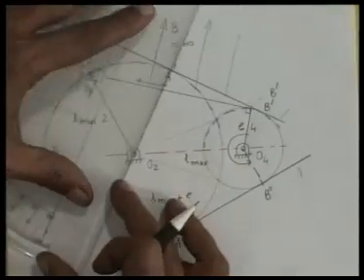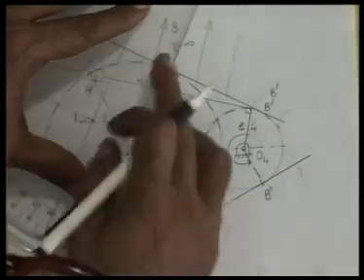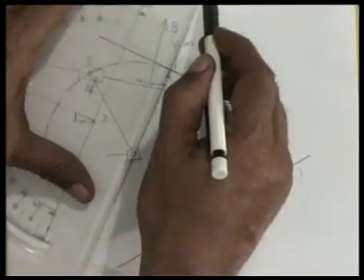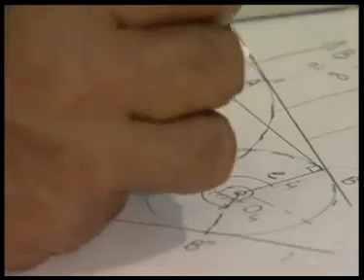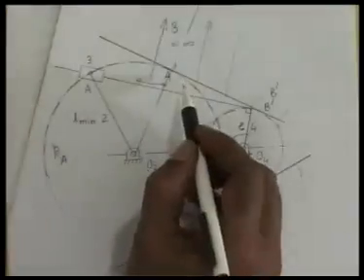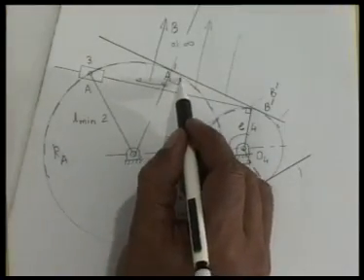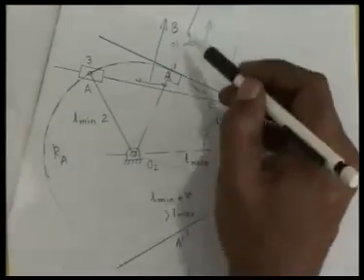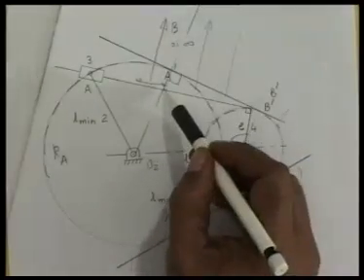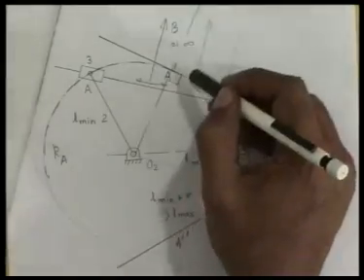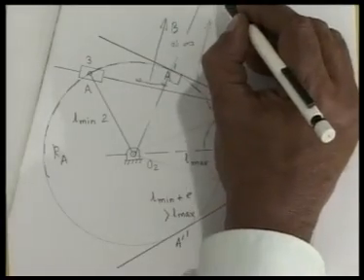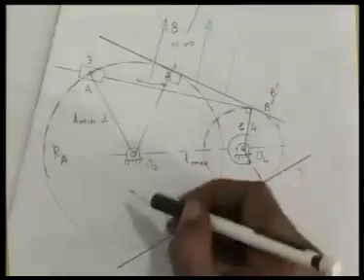So, O2A prime, because it is tangent, is perpendicular to this direction of sliding, and B is also at infinity to this direction of sliding. So, O2A prime and B at infinity has become collinear.